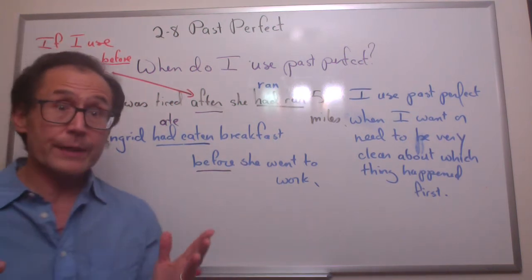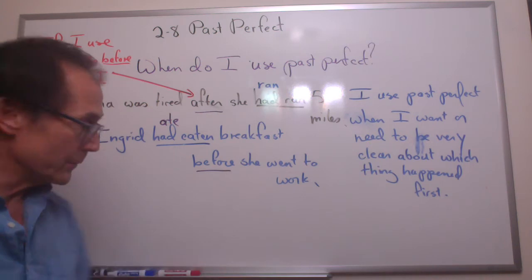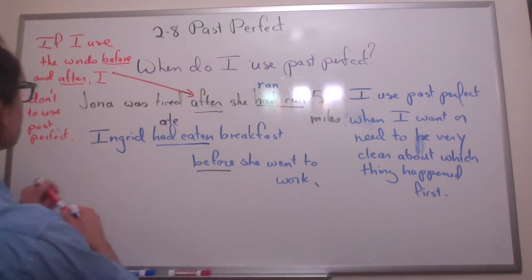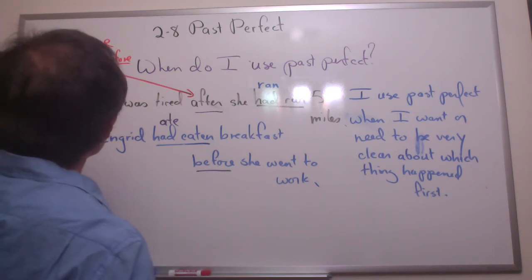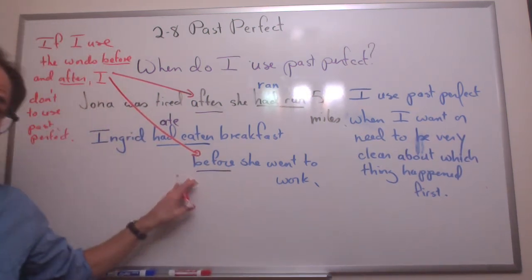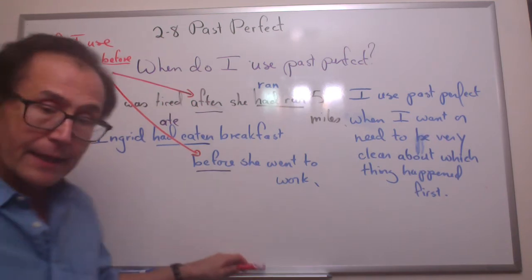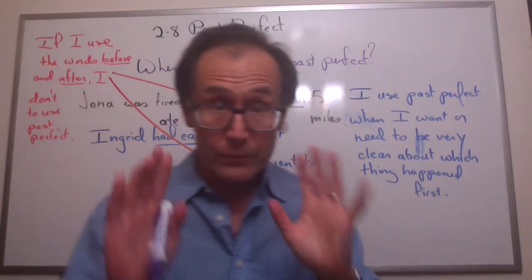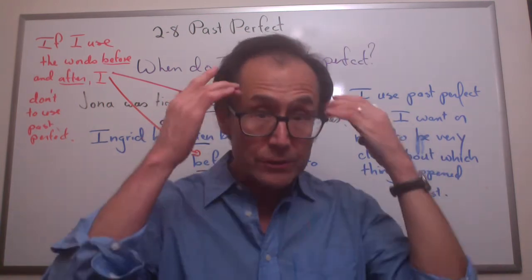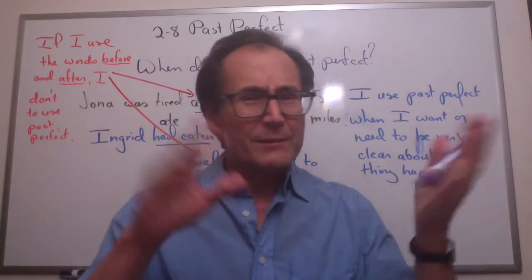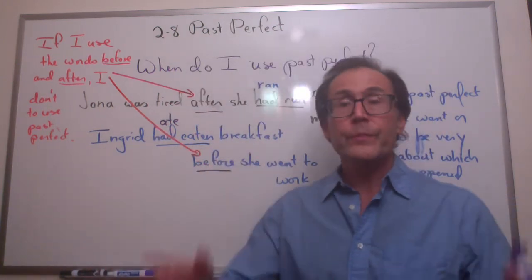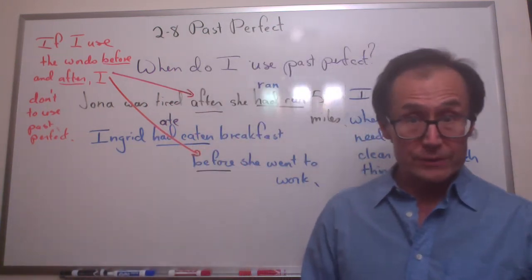I can use past perfect, but I don't need to. So let me just draw that here. If I use the words before and after, I don't need to use past perfect. I can. It makes it even clearer to an English speaker which one happened first. But we really don't need it, because the words before and after already show which one happened first.